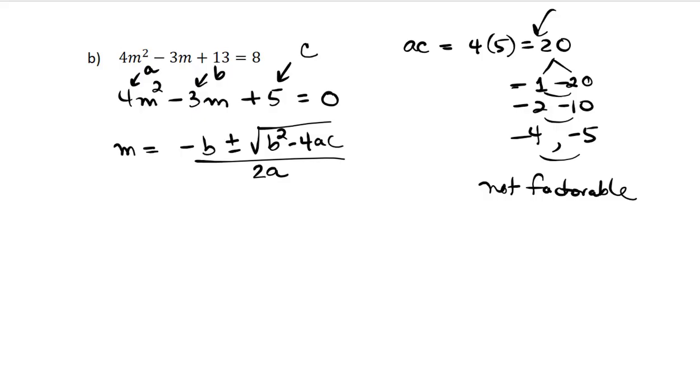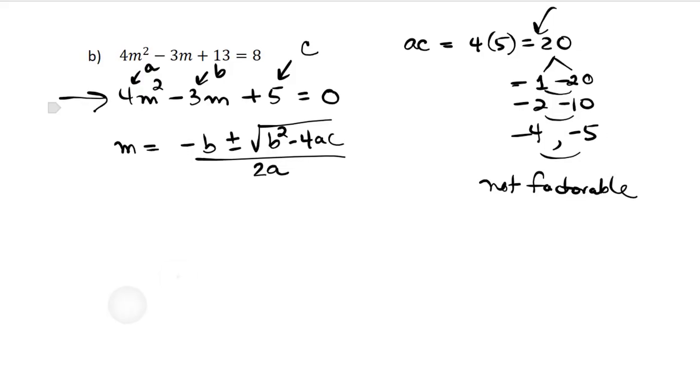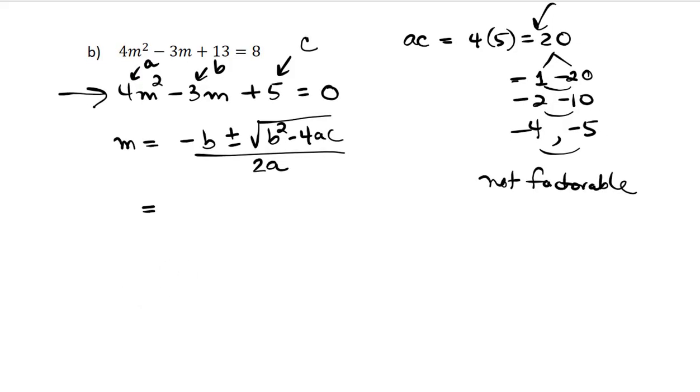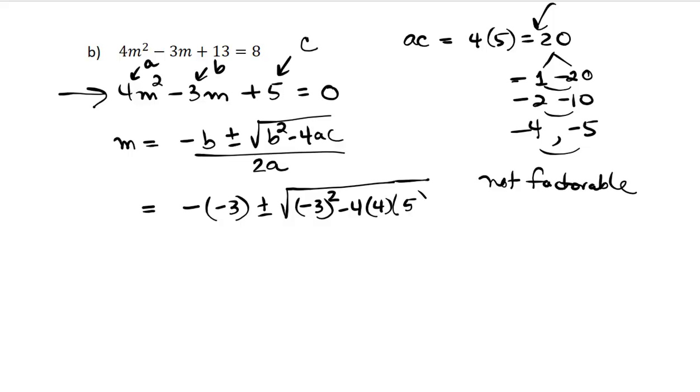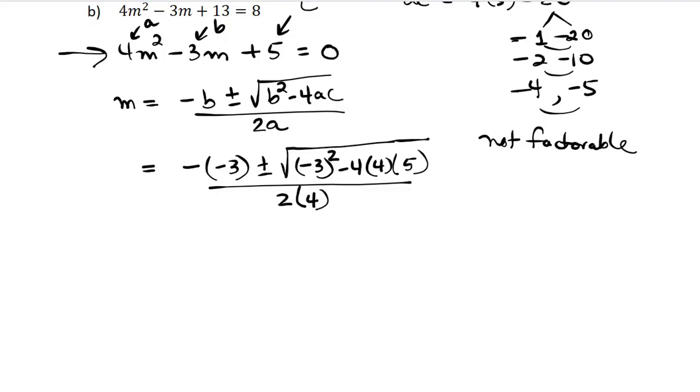So I should have gone with this statement rather than the original statement. Substituting in these a, b, c values, we have negative of -3 plus or minus the square root of the square of -3 minus 4 times a, which is 4, times c, which is 5, all over 2 times the value a, which is 4.